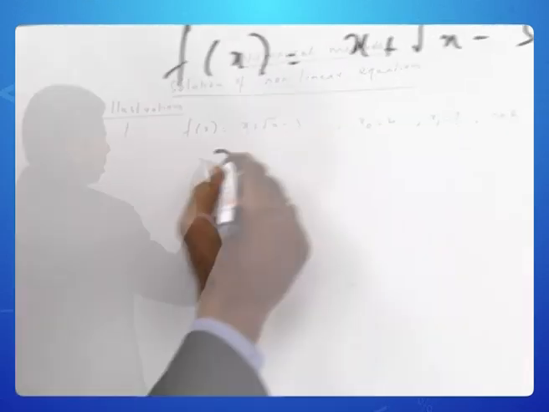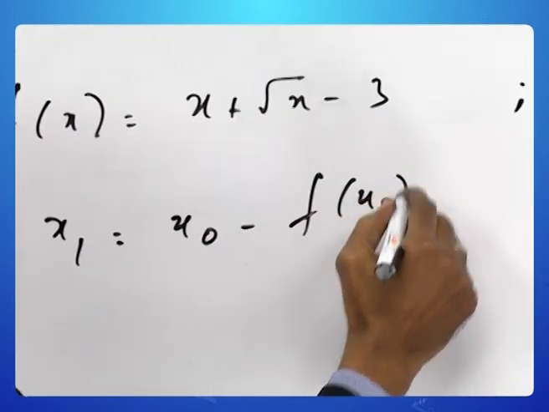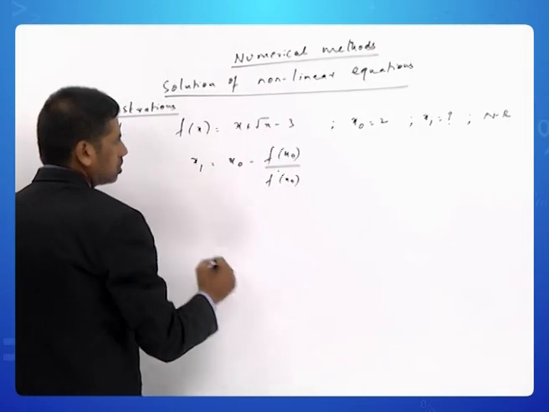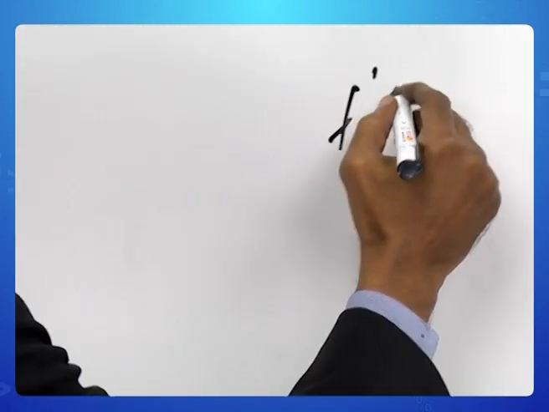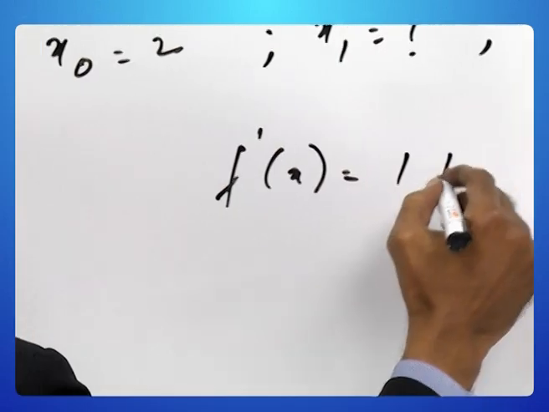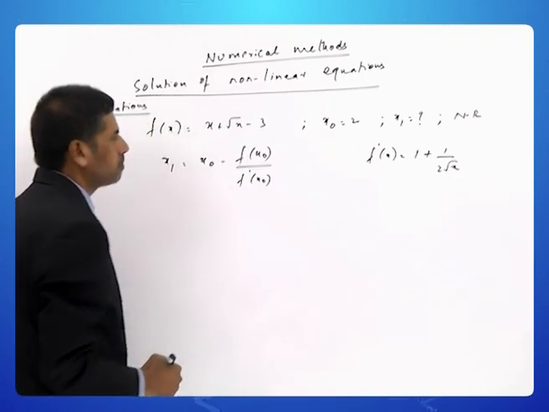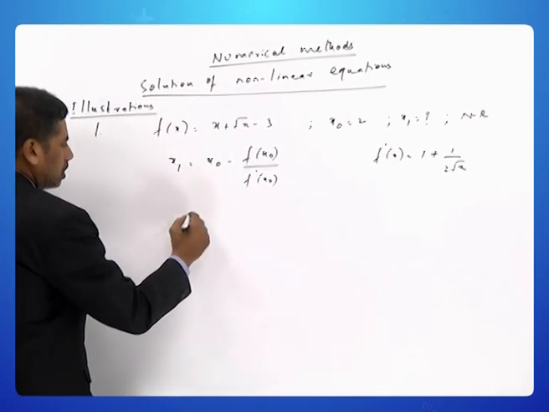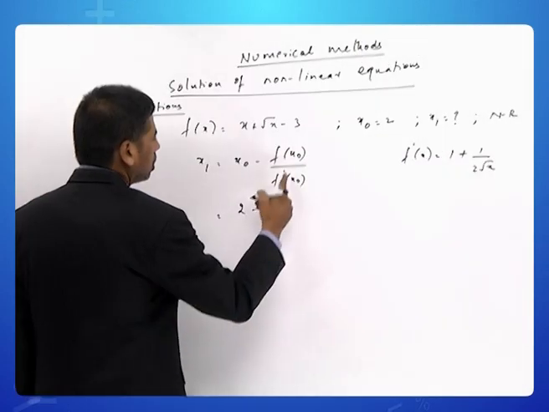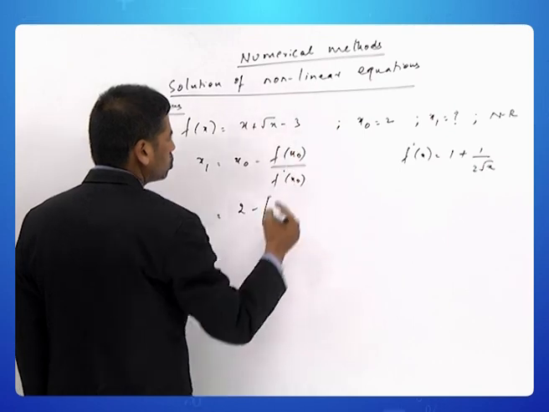So you know x1 is x0 - f(x0)/f'(x0). Let us first see what is f'(x). This is 1 + 1/(2√x). So let's apply. x0 is 2 minus f of x0. In this equation you put x equal to 2.